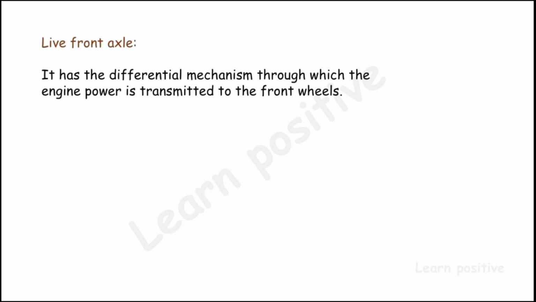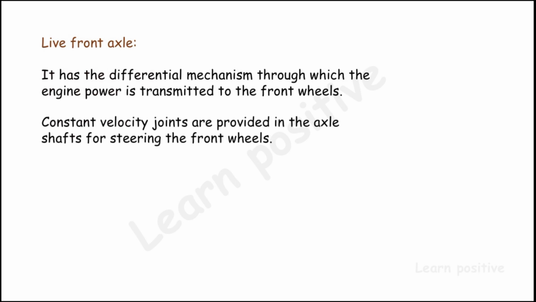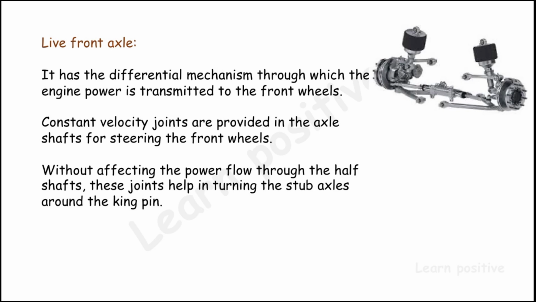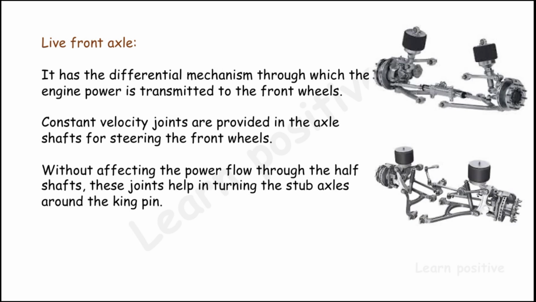Live front axle has the differential mechanism through which the engine power is transmitted to the front wheels. Constant velocity joints are provided in the axle shafts for the steering of the front wheels without affecting the power flow through the shaft. These joints help in turning the stub axle around the kingpin.